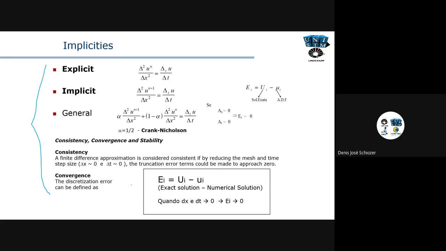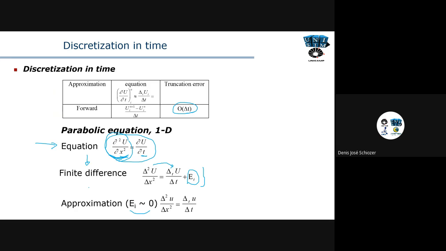If you are interested in the numerical aspects of this solution, there are a lot of things in the books, but we are not concentrating our course on giving this information, because our focus here is not to write a simulation code, but to use it. But it is very important for us to understand that these numerical methods are solved in a numerical way, and sometimes they don't converge, sometimes they are not consistent, or they are not stable, and the cause for that is these errors and approximations that we make.